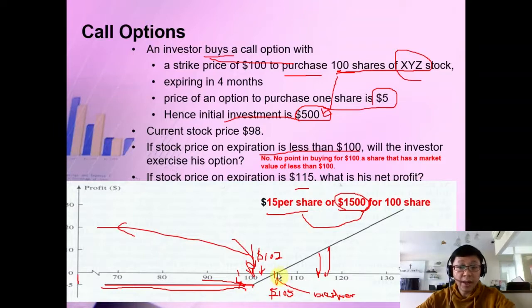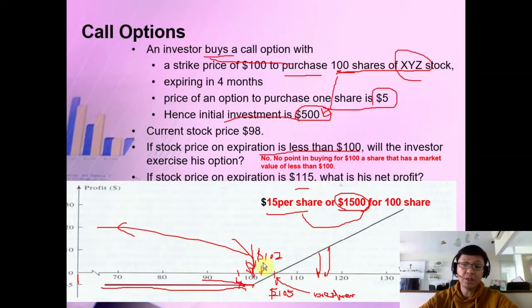So I can only start to have positive gain if it's 106. Then I minus off the 100, I got $6. $6 minus the $5, then I start to have gain. So only when the market price is above 105 will I have a gain.